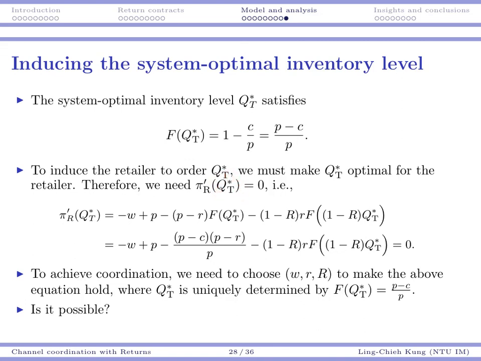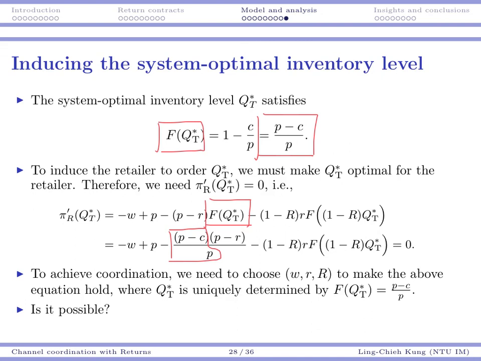So we know this is the function, and we ask whether plugging in Qt star can make it 0. One thing we know is that f of Qt star must satisfy this. If it is system optimal, f of Qt star must be p minus c over p. So p minus c over p can be placed into the first order condition.